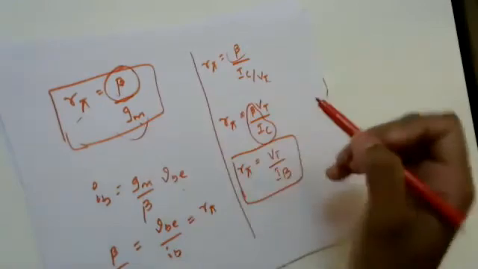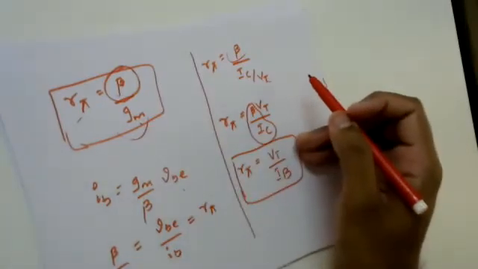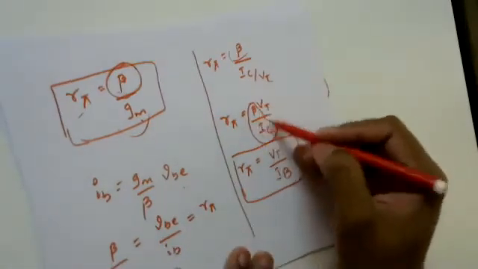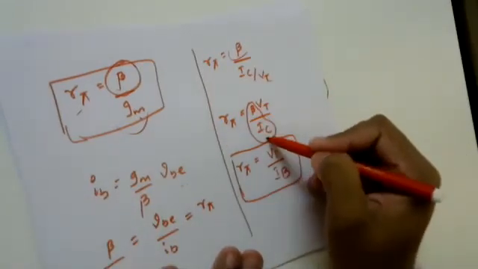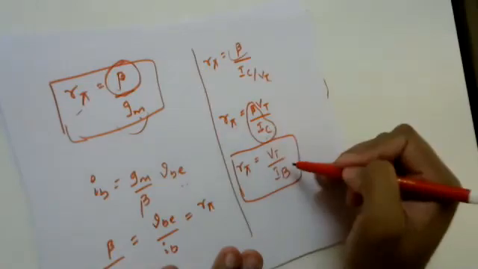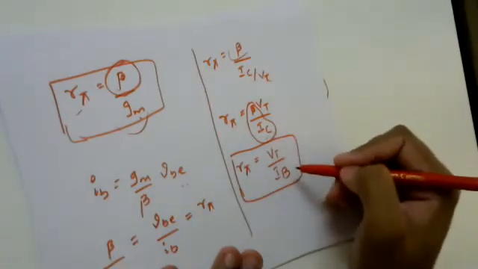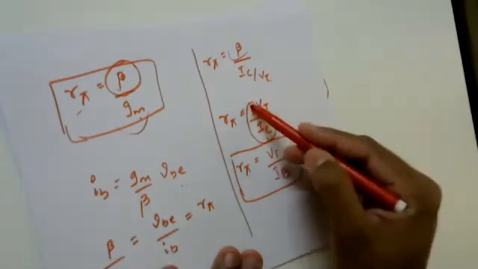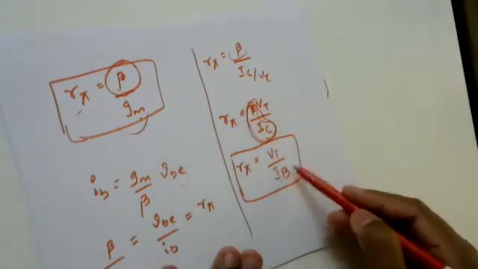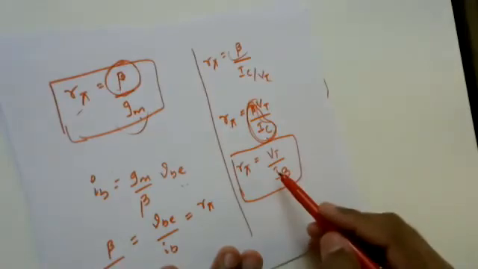Since I know that beta by IC is nothing but 1 by IB, I'm just replacing this ratio, so IB will come in the denominator, not a problem.